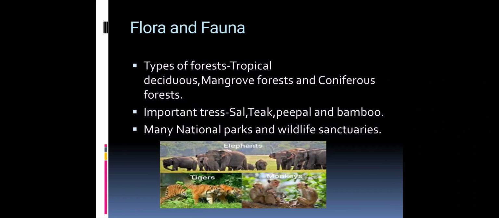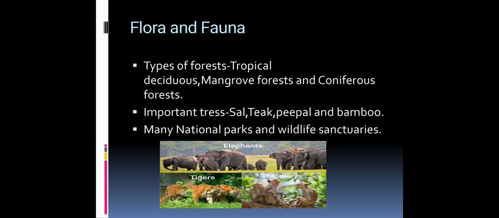You will find tropical deciduous forest, you will find mangrove forest, and in some parts like Uttarakhand and Sikkim, you will also find coniferous forest. These are the forests found here. Then the important trees which you will find here are sal, teak, peepal and bamboo.